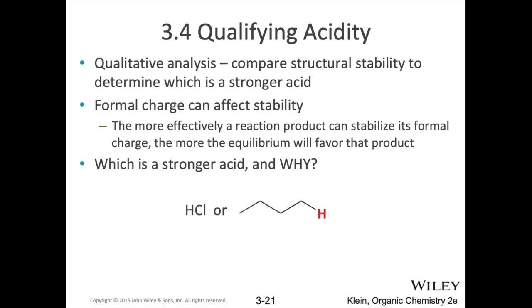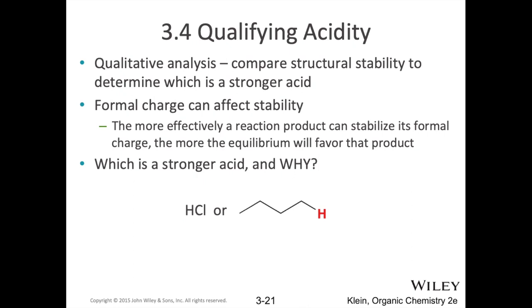All right, now sometimes you don't have pKa values in front of you. You might not be able to look them up, or it might be something that doesn't have a known or easy to look up pKa value. Can you figure out how things are going to behave from an acid and base standpoint just by looking at them? Well, it turns out that there are certain patterns that we notice when comparing molecules and seeing which one's a better acid or which one's a better base.